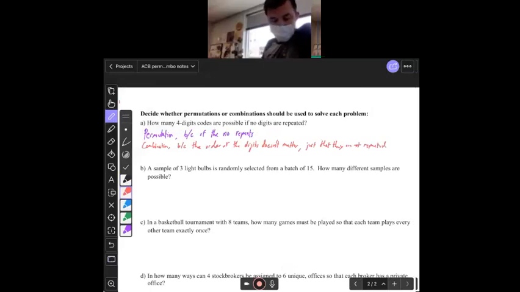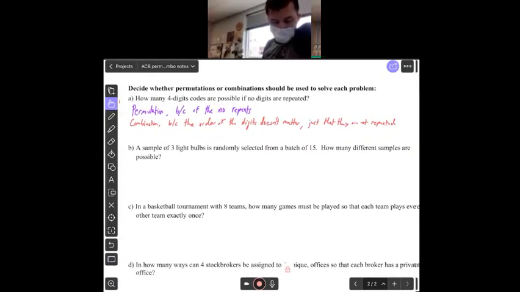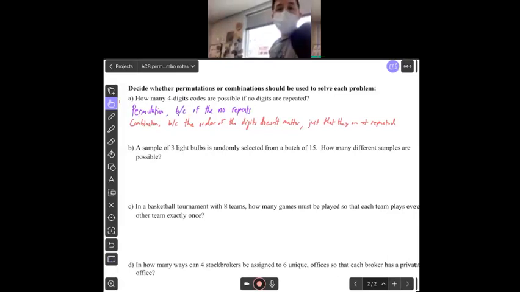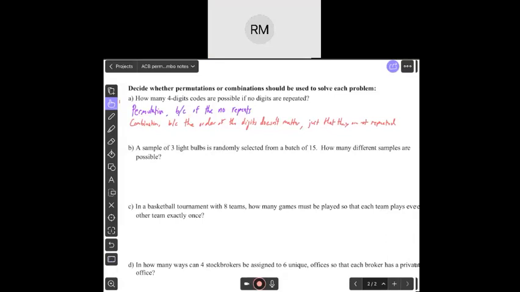Different thought. Ruth, what about you? Do you think that's permutation, combination? Why is it a combination? Because the digits aren't repeated, so you can put them however you want? Yeah.